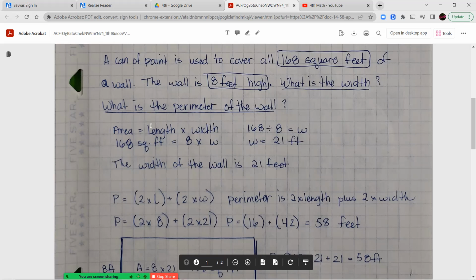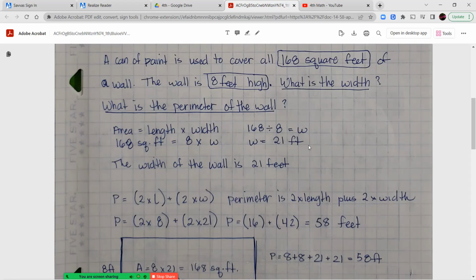So I know that area is equal to length times width. So 168 square feet is equal to 8 times something, the width. Now I could do the inverse and say 168 divided by 8. That'll give me the width. 168 divided by 8 gave me a width of 21 feet. So the width of the wall is 21 feet.